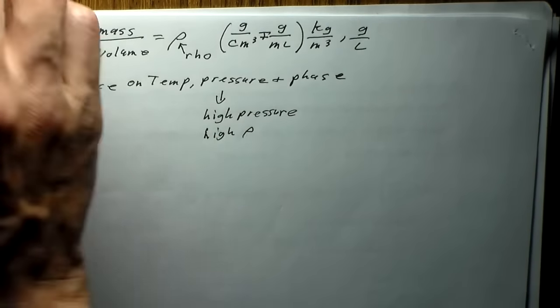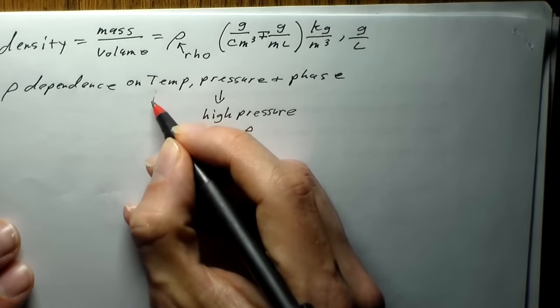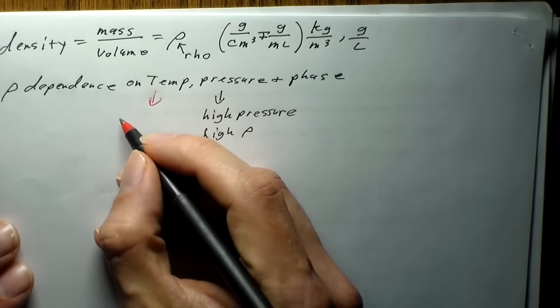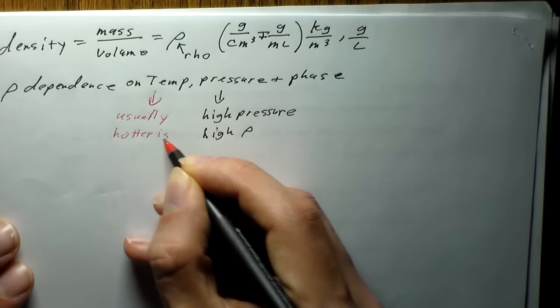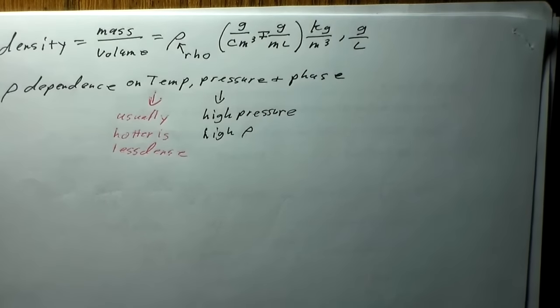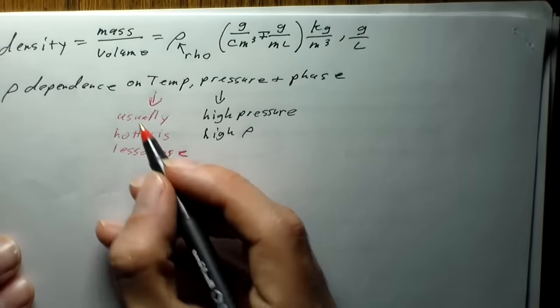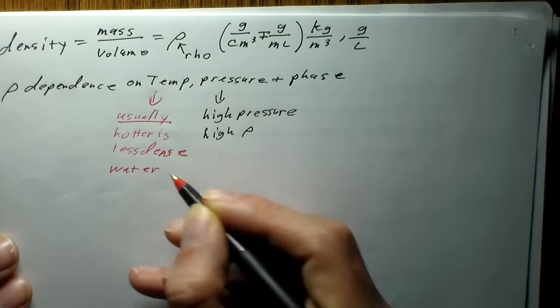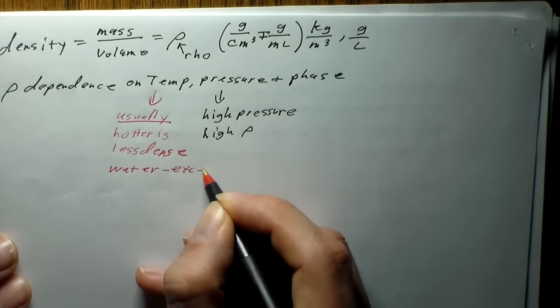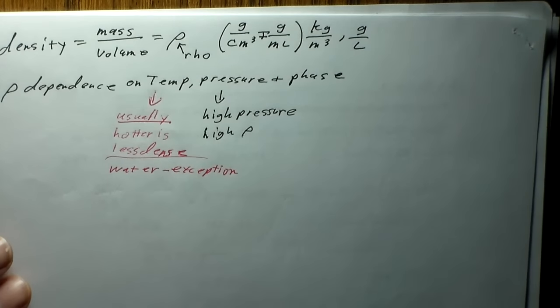So for the temperature, we can say that usually hotter is less dense. But again, underline the usually, because for water there is an exception. There are a couple other substances, but water is by far the most famous.